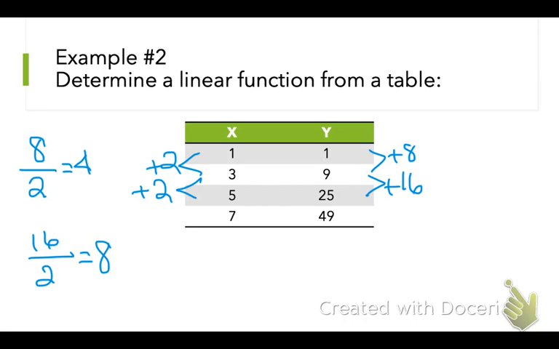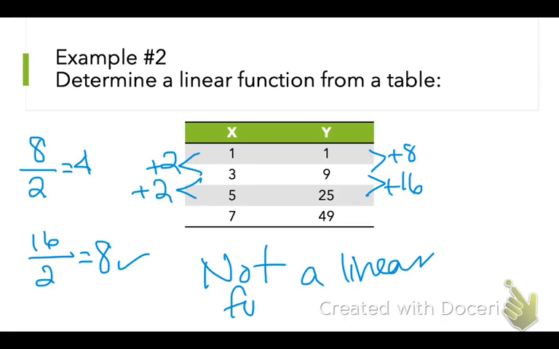So my rate of change between my first 2 points was 4. My rate of change between my next 2 points was 8. They do not equal each other. So this is not a linear function. This is going to be a non-linear function.